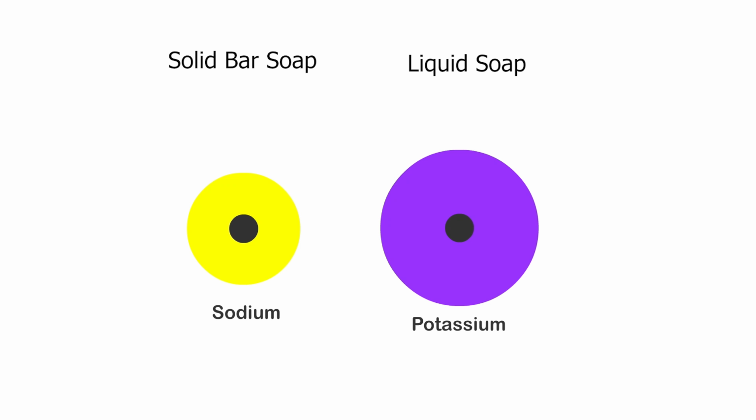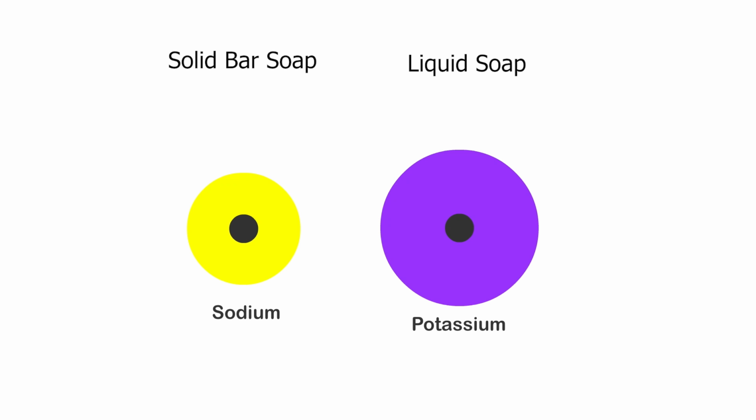Anything that's made with sodium, our smaller particle, those small, tough, strong particles are going to bind together well and have strong bonds between them. And that's what grips our bar soap together.